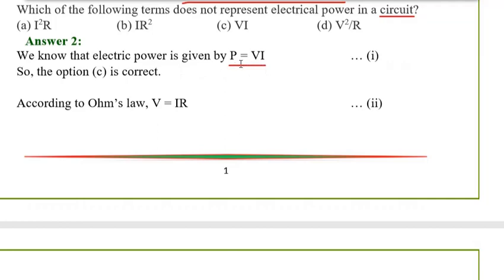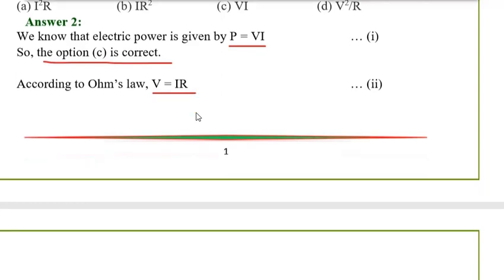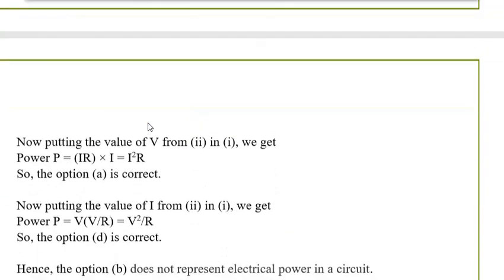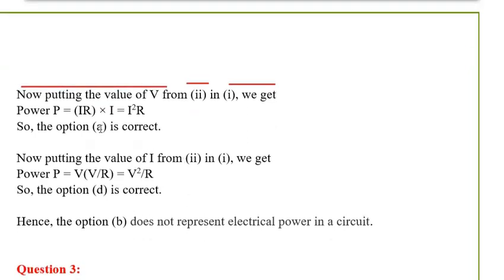We know that power equal to volt into ampere. So the option C is correct. According to Ohm's law, we know that V equal to IR. Now putting the value of V from 2 in 1, we get P equal to IR into I equal to I square R. So the option A is correct.